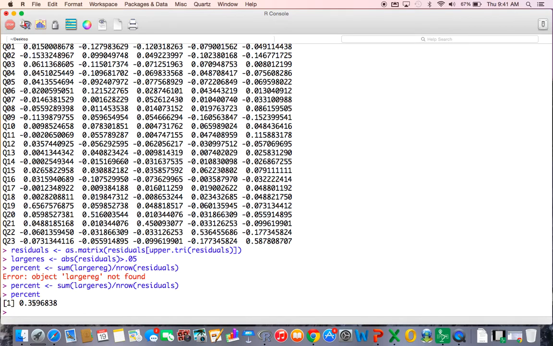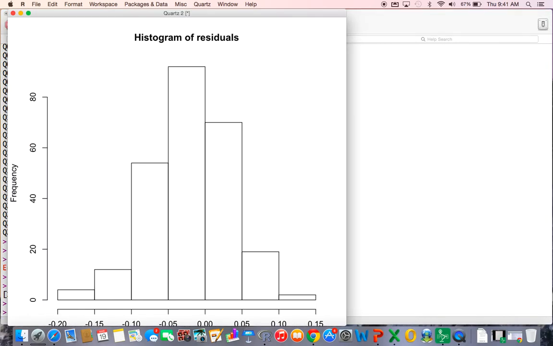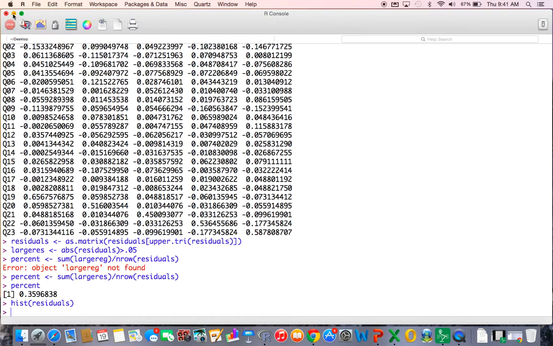So, gang, what I can now do is look at a picture of my residuals. And you can see down here that 0.05 again is kind of the threshold. You can see that most of them are below 0.05. I'm going to copy and paste this into the write-up, so you'll get that.